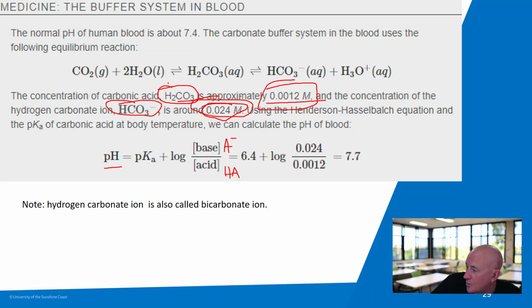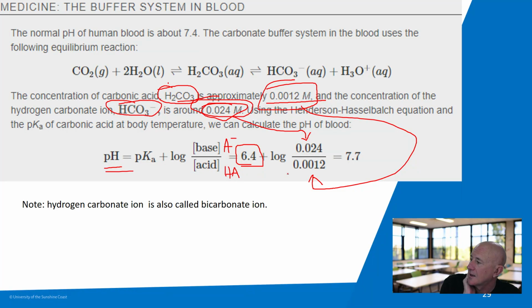The A- is that value, plug it in. The HA is that value, plug it in. And the pKa, where is it? Oh, they haven't given it to you in the question, but the pKa is 6.4. So they plug that value in there and they can then calculate the pH, and it's approximately correct.